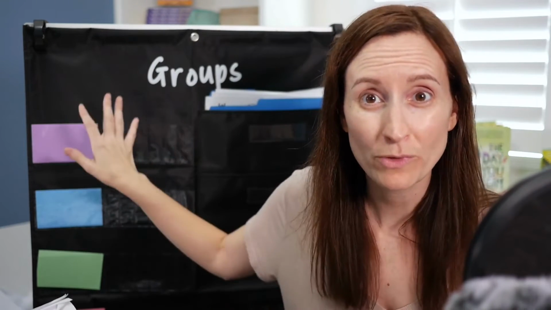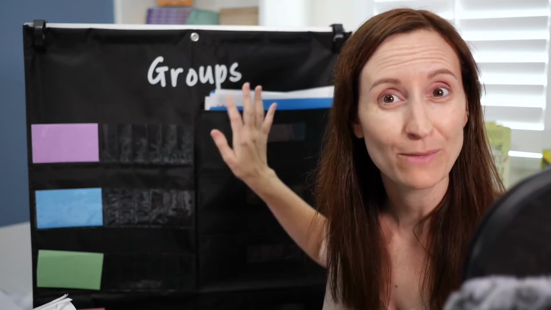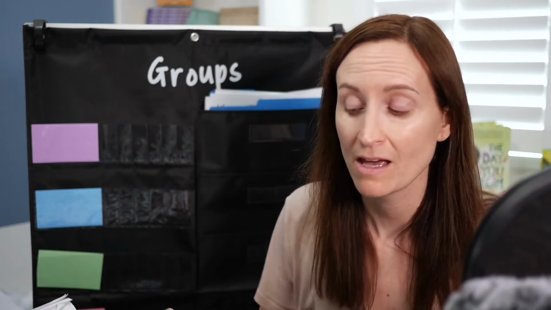So my goal each week is to have one activity that goes along with writing, maybe two, have a reading comprehension or two activity, and then to have something that's hands-on or art, especially as my last couple of centers.